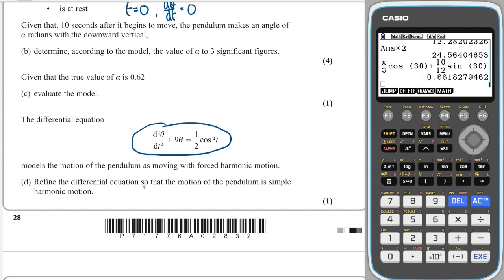Refine the differential equation so that the motion of the pendulum is simple harmonic motion. Well, that's just when we have a differential equation that's equal to 0. So it's essentially saying this, but without that additional force forcing it, so it's just equal to 0. And that's it.